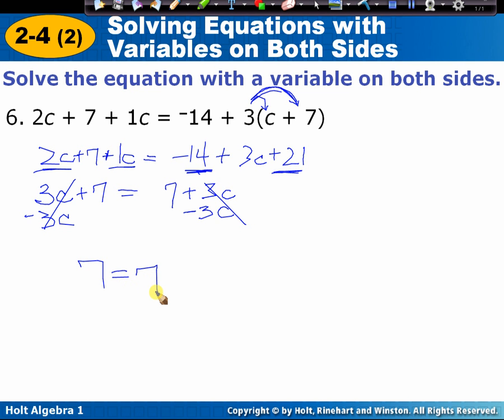Because I'm left with 7 equals 7, my answer is identity. All real numbers. Meaning, no matter what I plug in for C, it's always going to be a true statement.